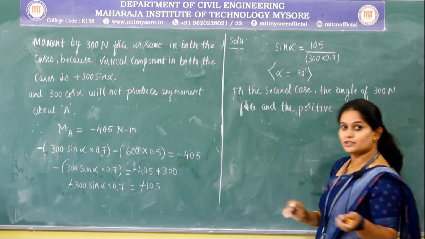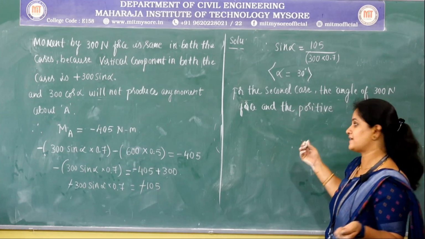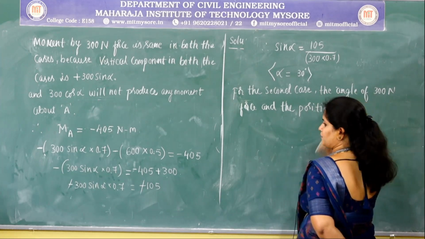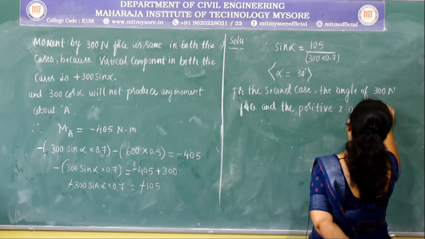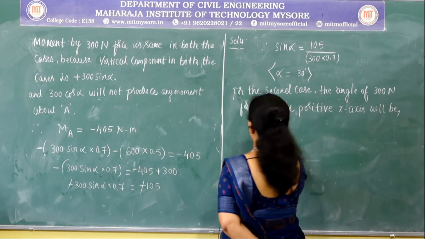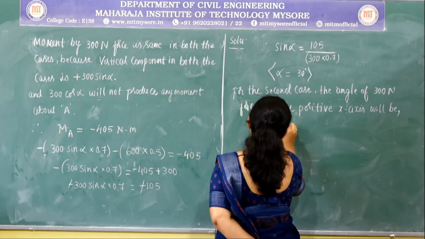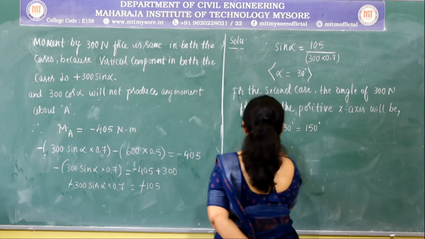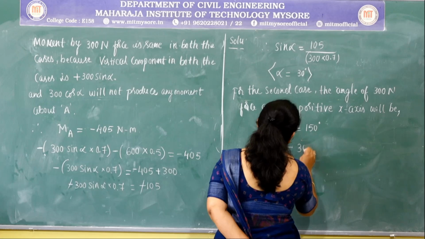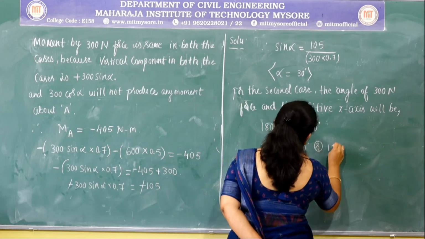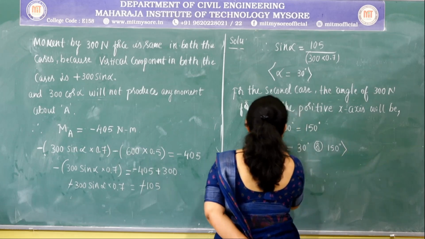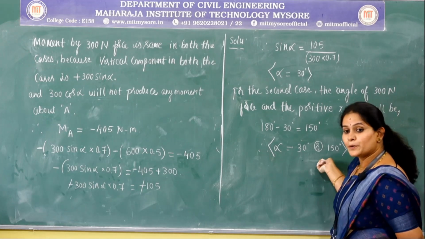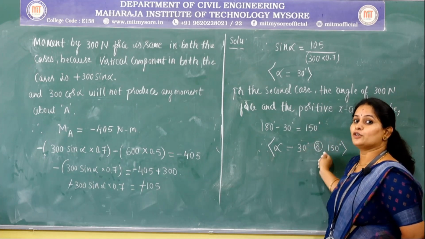We need to find the two orientations with respect to the positive x-axis. The angle with the positive x-axis will be 180 degree minus 30 degree, which is equal to 150 degree. Therefore, alpha is equal to 30 degree or 150 degree. For both these angles, the moment produced by both the forces will not alter.